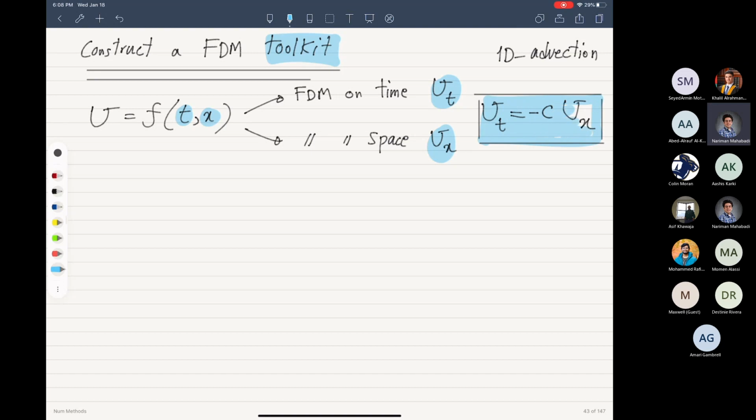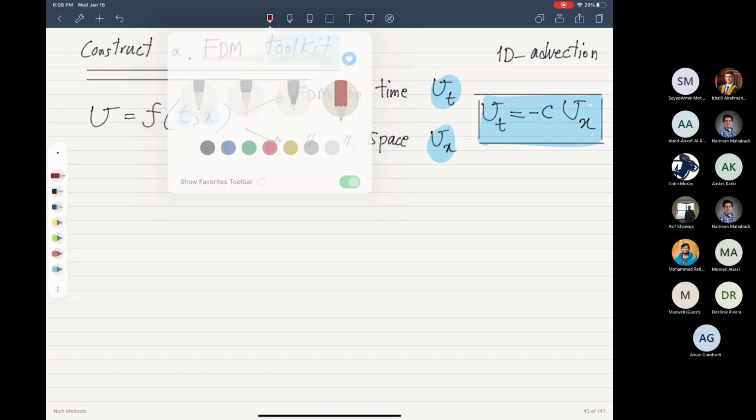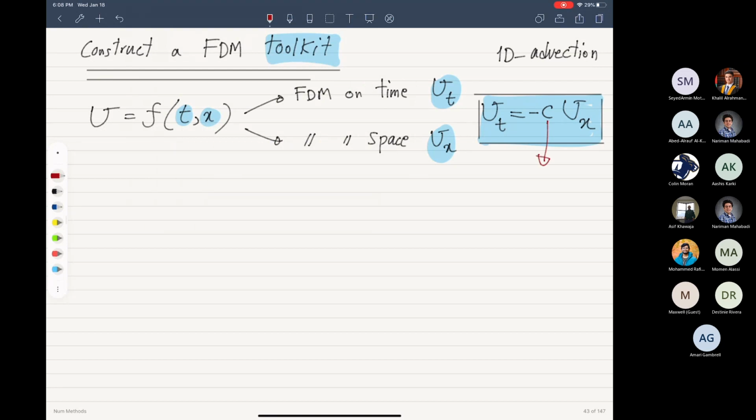Does anyone know what is C for the advection equation? This is the velocity field of your system. Right, so you remember this problem. If you know what is C, or the velocity of your field, then you can simulate how this point is moving along your domain, right?